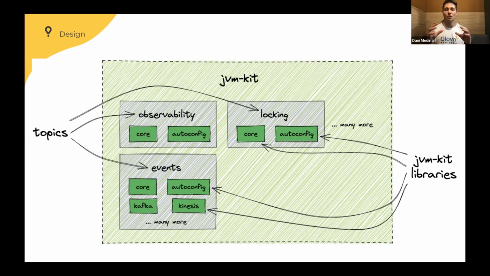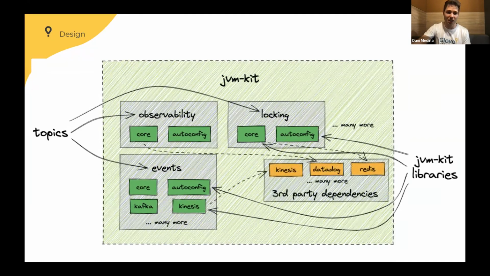But all of those libraries are part of a single topic of contribution. And since they are part of the same repository, we developed a greater catalog for dependencies, so that the same dependencies were used across all of the libraries, avoiding these conflicts that were so tedious to fix in the past.